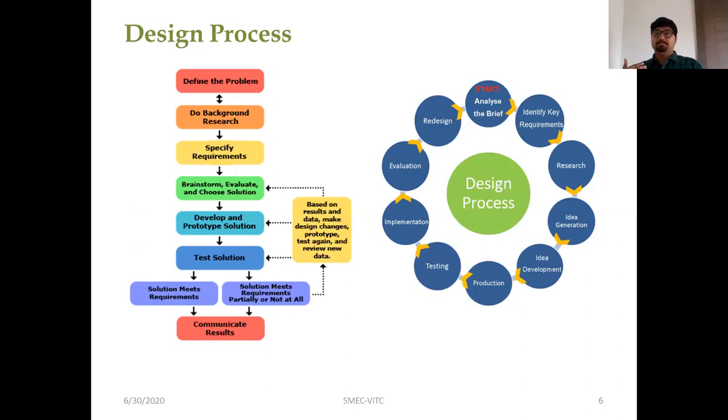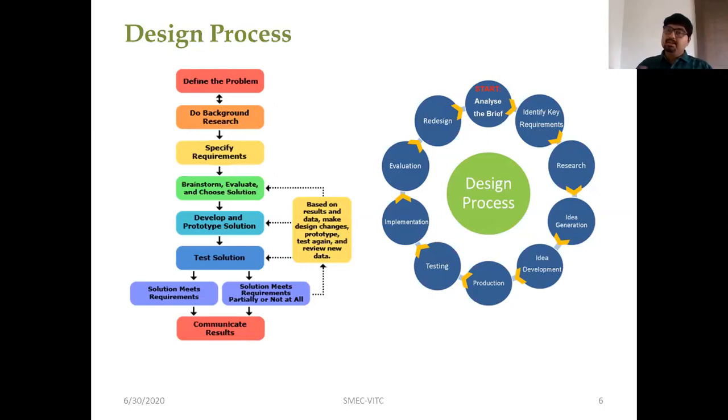Prototyping means, before making the product, testing, to get confidence that what I made is makeable and feasible. Prototyping, testing. Thereafter, if that particular solution meets your requirements, communicate the results.